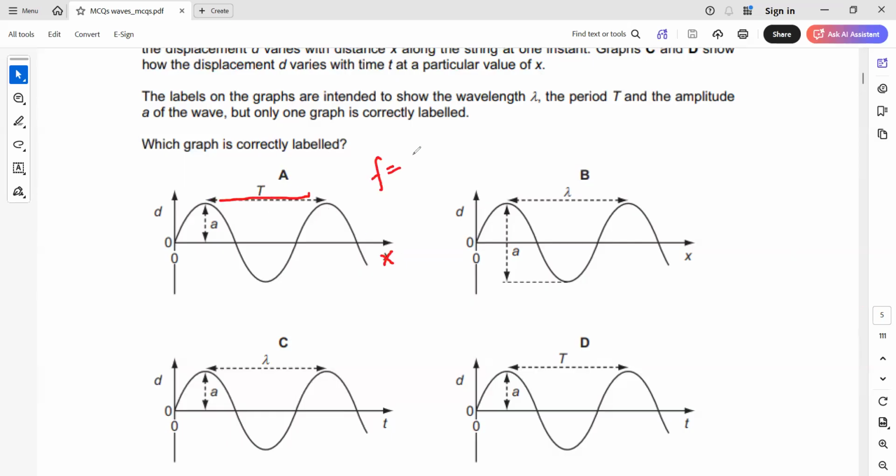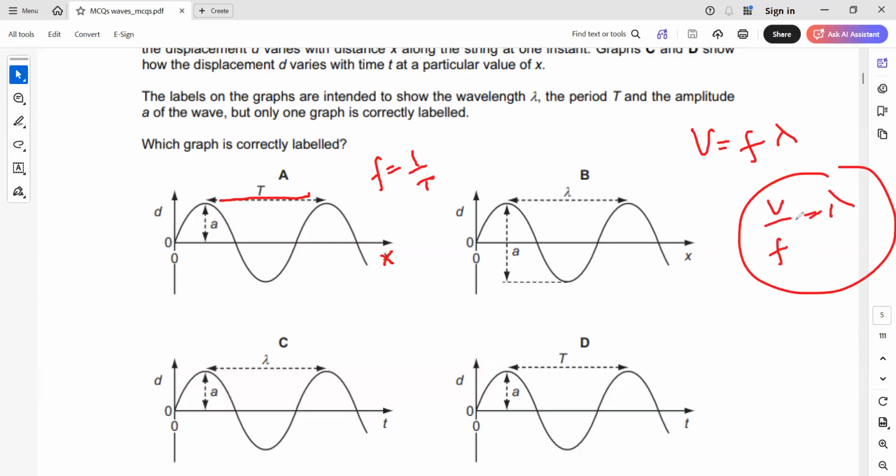From the time period, I will find the frequency. And from the frequency, we'll use the formula V equals F lambda. So if I know the speed of the wave and I know the frequency, I can find the wavelength. So directly, the measurement cannot give us a wavelength, then calculation should be done. That is what they mean: which labels we can directly find the wavelength from.